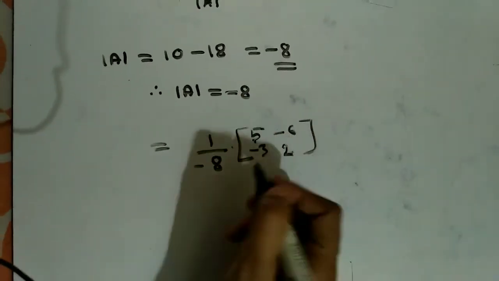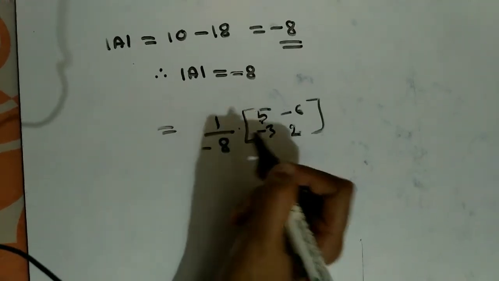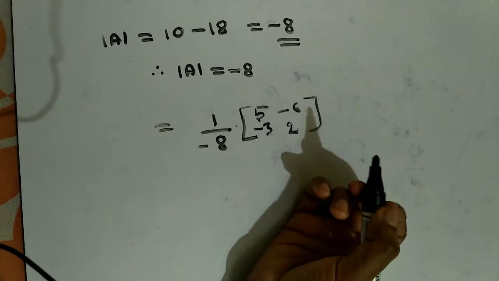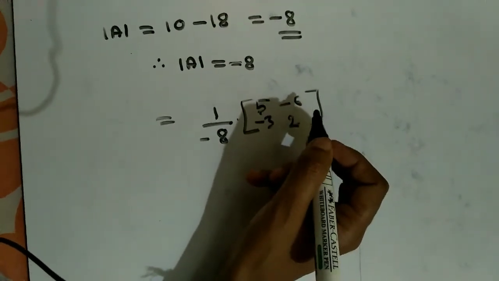But if you observe this, minus 3 and minus 6 do not belong to F11, so these are not in your set.